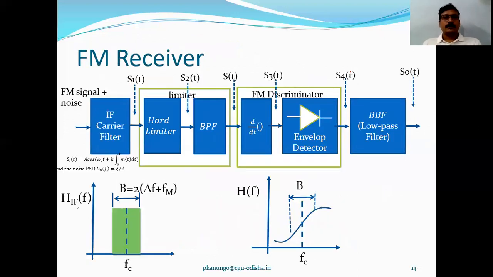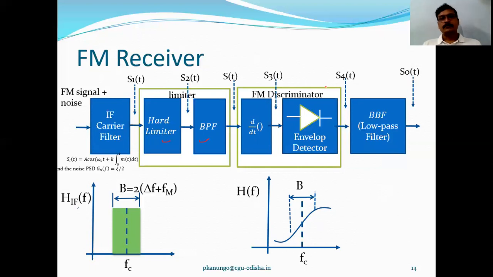So now the FM receiver will look like this. First is an IF carrier filter. Then these four terms are basically the detector or FM demodulator. This first block is basically known as the limiter, because we are using a hard limiter followed by a band pass filter.